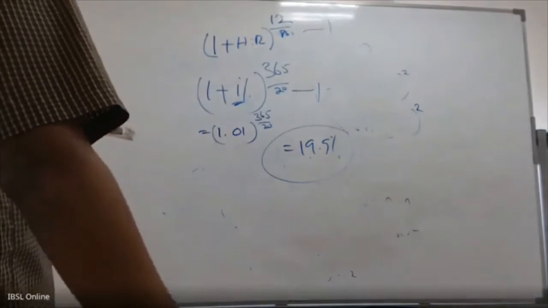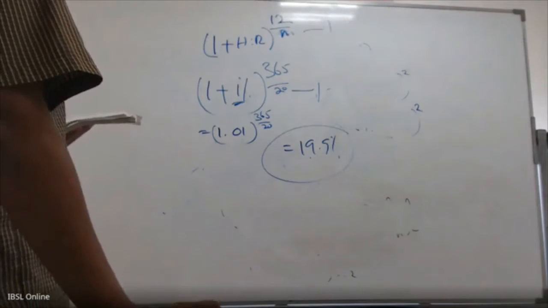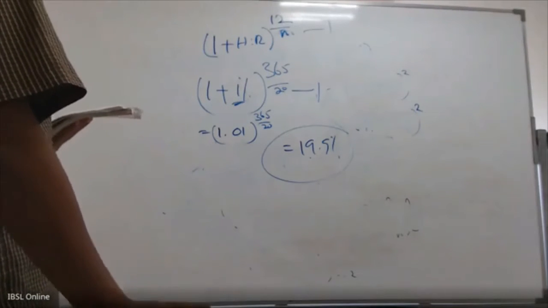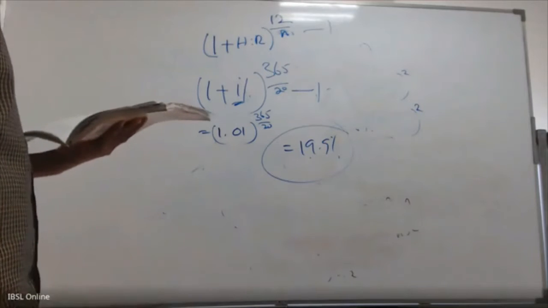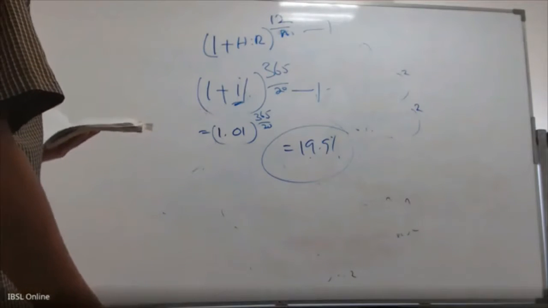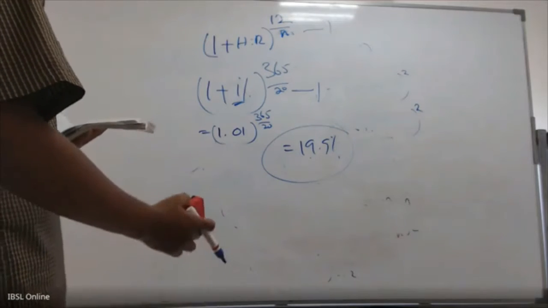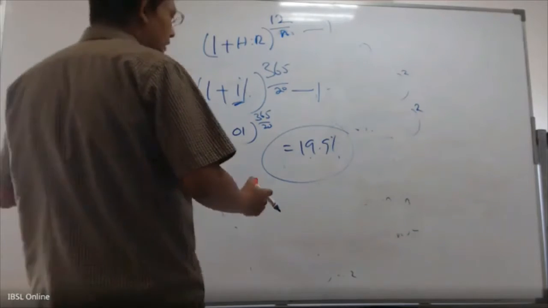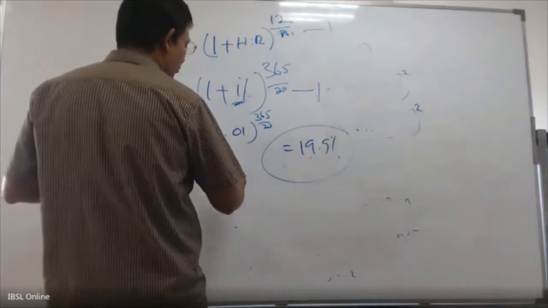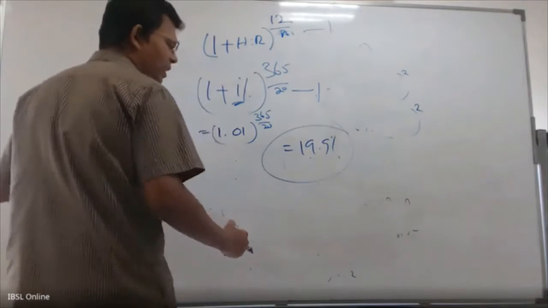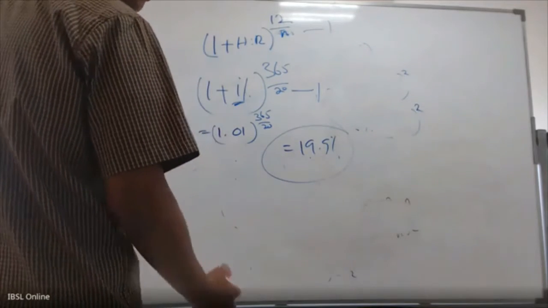If an investment earns a return of 200% during a 5-year period, what is the annualized return? Now see, all these times we have learned days, weeks, and months, everything less than 1 year.